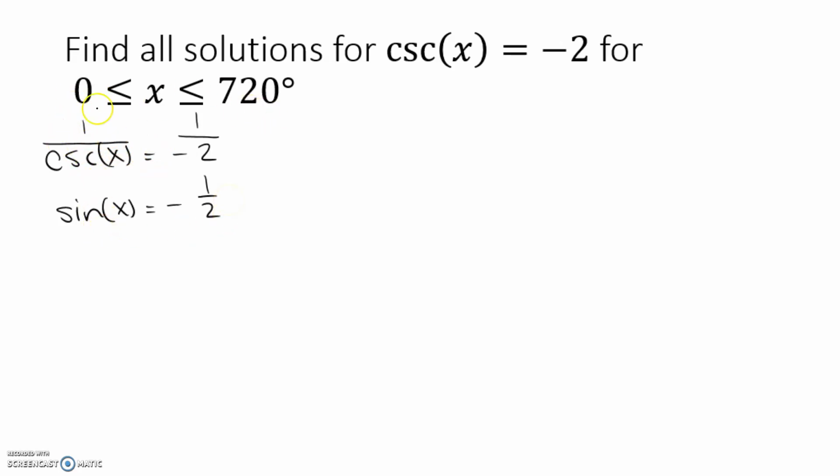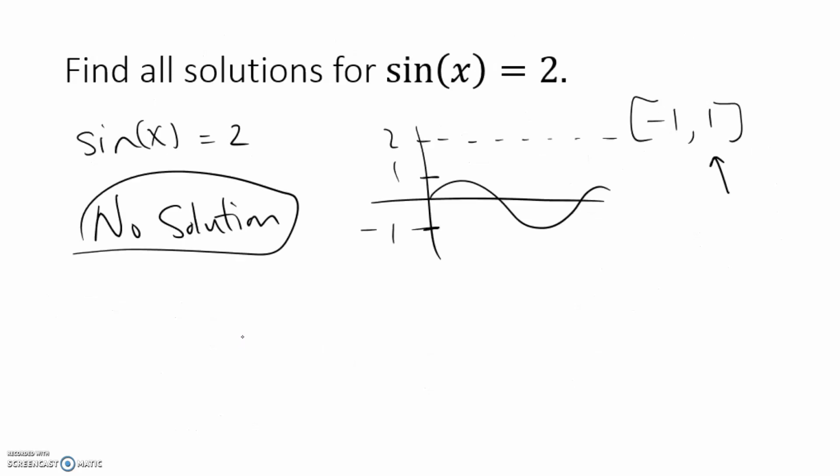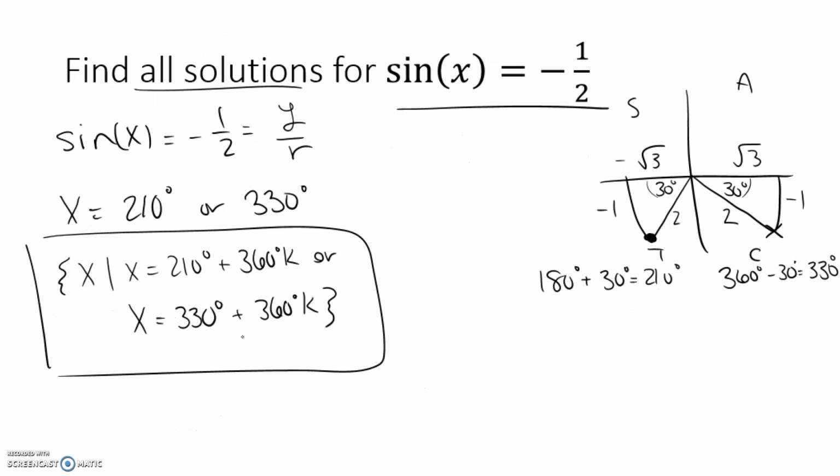Now our range is 0 degrees to 720. Okay, we just had this problem right here. We looked at it, right. Let's see, where was it? Right here. Okay, so this was our solution if we didn't have an interval.